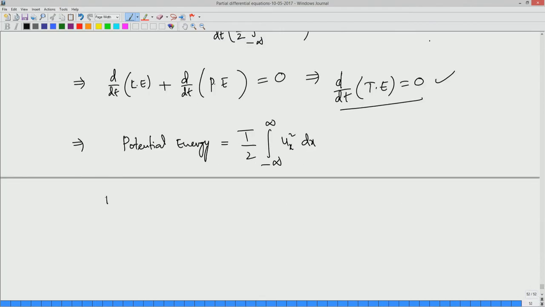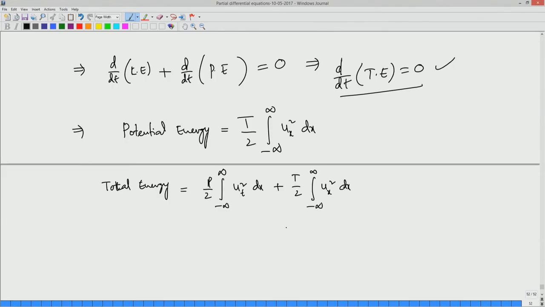Once you see that, you have the total energy is simply half integral minus infinity, rho by 2 u_t squared dx, plus this potential energy, T by 2 integral minus infinity u_x squared dx. So this is the total energy.